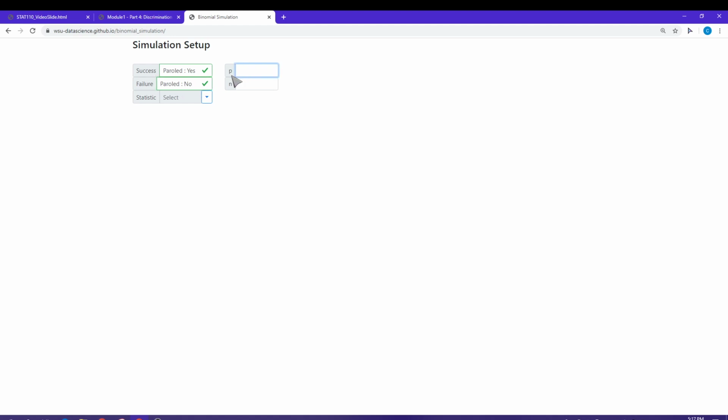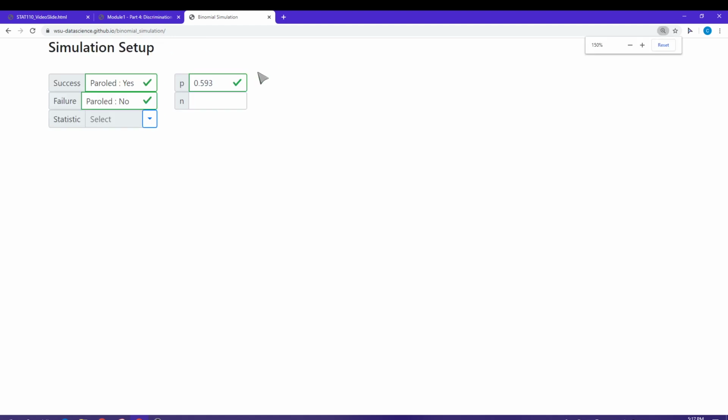What I'm going to use for my P here, or the probability value, again, that quantity is for the success. And that quantity here is 0.593. What this represents is the likelihood of receiving parole under a no discrimination situation. And then my sample size here is going to be 59. Again, my analysis is for the Native Americans, so I'm just going to use the total for the Native Americans.